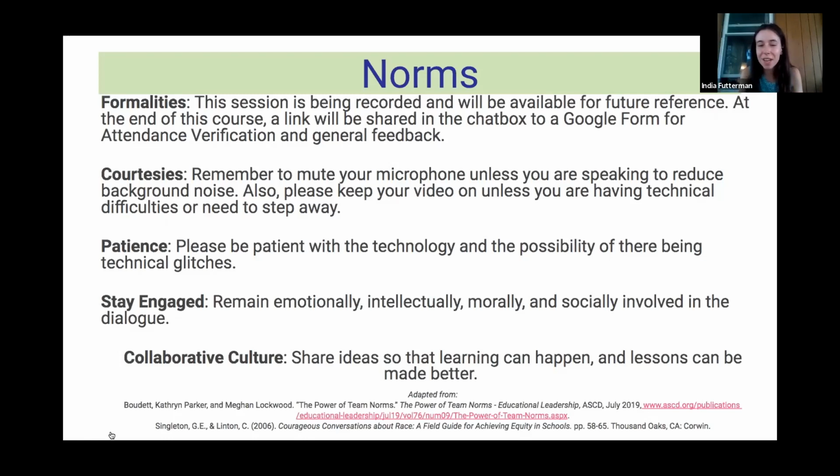My name is India Futterman, and I am the Education Program Specialist at Carey Institute of Ecosystem Studies in Millbrook, New York. We are a research and education institution, and one of the big things that I do is teach data literacy and data visualization. So Mary Ellen and our respective fields go very well together. So I will be getting you all excited about data, because that's what I do.